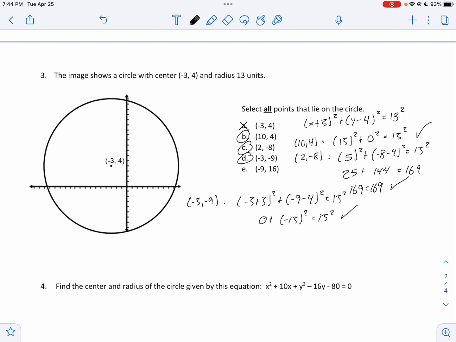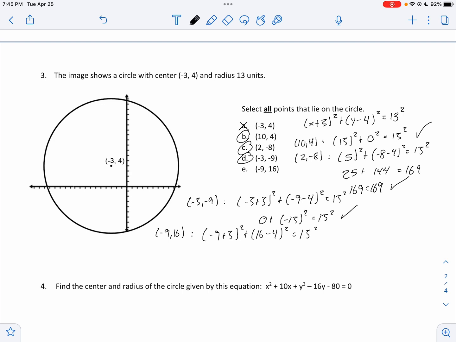So D also lies on our circle. And finally, negative 9, 16: we have negative 9 plus 3 squared plus 16 minus 4 squared is equal to 13 squared.